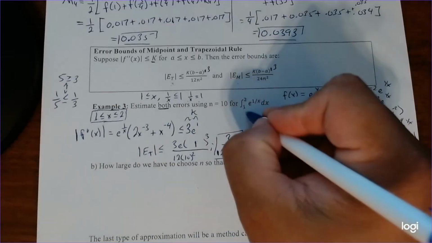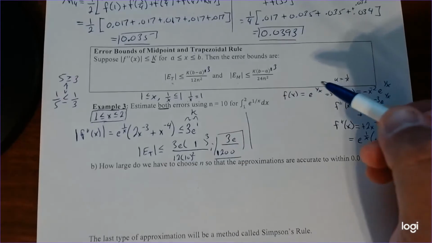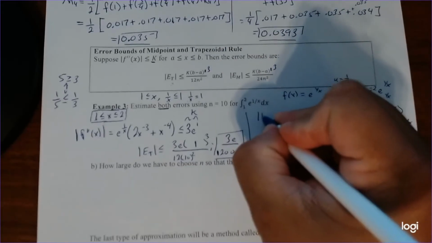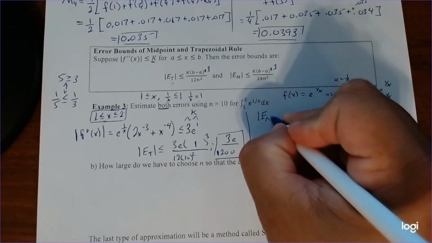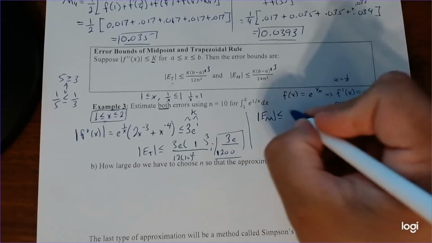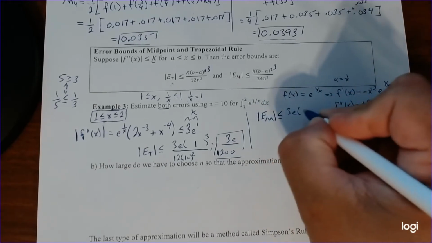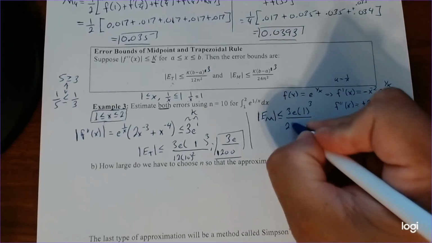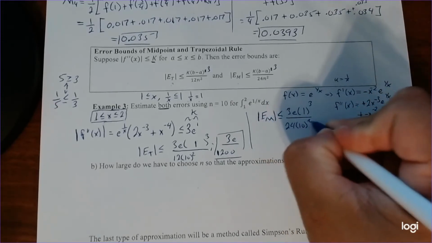Now we can find the error bound for the midpoint using the exact same k value, which is the best part. So one is kind of free if you do it that way, because now the error for the midpoint is again less than or equal to that exact same k value. This difference is still 1 raised to the third power, all over 24 times 10 squared.